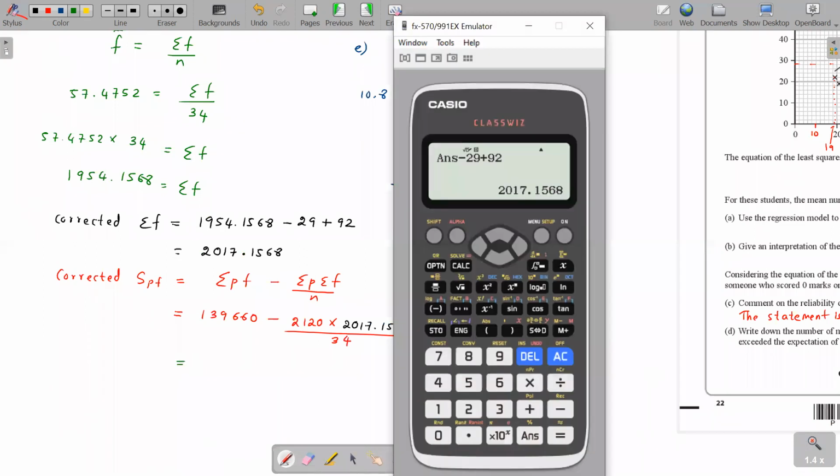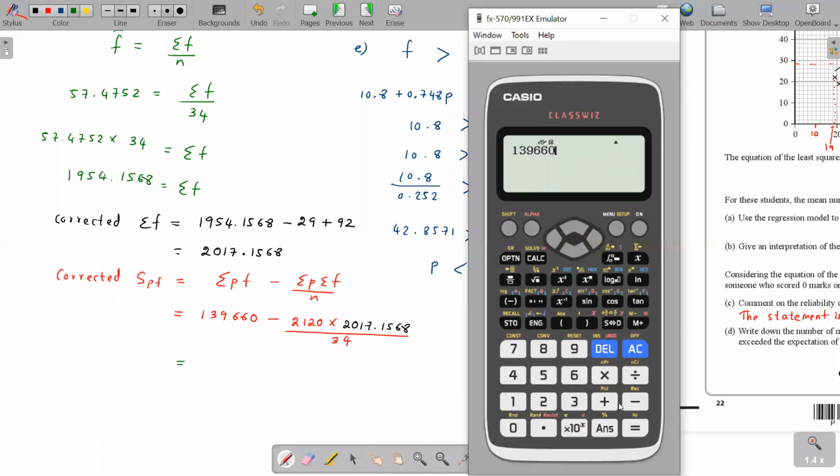How much is SPF? 139,660 minus 2,120 times 2017.1568 over 34. I get something like this, 13,884.